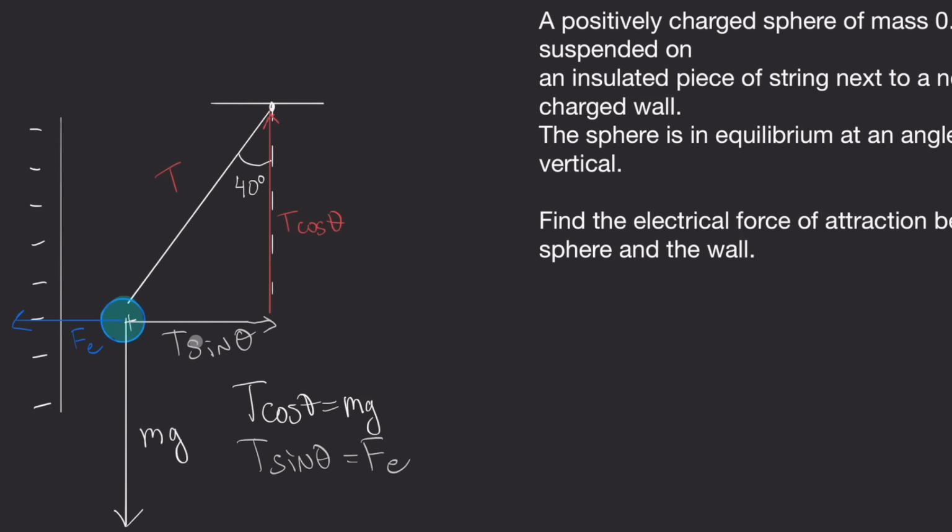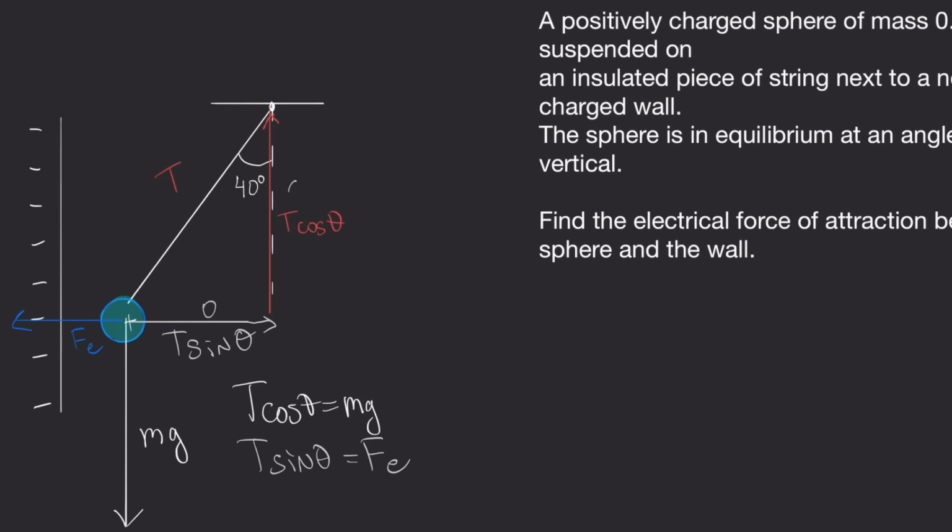Even though we can solve this problem quicker without drawing this triangle, a variation of this problem may potentially appear, so I think it's really worth explaining how it works. So because T sine theta is equal to the electrical force, all we need to figure out is essentially our opposite component.